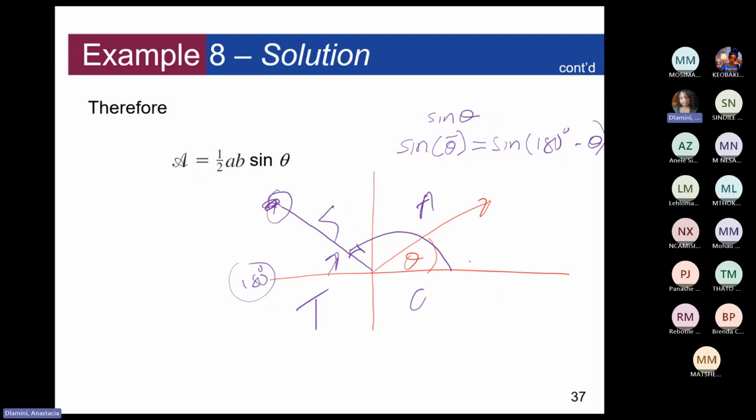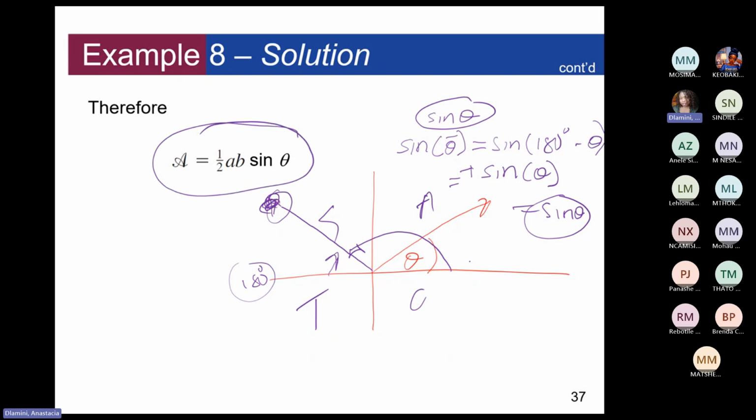The only difference is the sign. Because we are here and sine is positive, this will be sine of theta. So this one and this one are the same. That's why we have the same formula whether it's an obtuse or an acute triangle. Yes, ma'am. Thank you. Makes sense now. You're welcome. Okay, I'm discharging, guys.